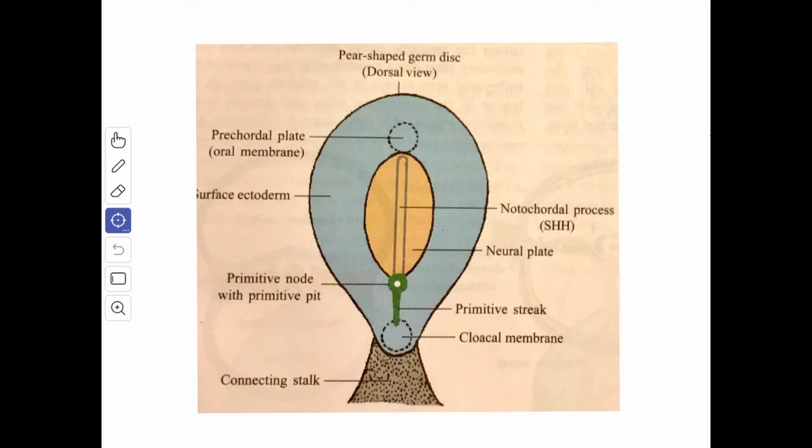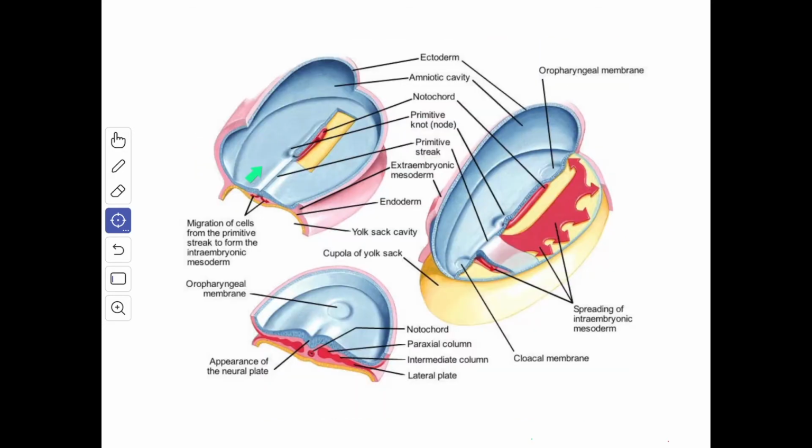The streak is formed by active migration and invagination of the pluripotent ectodermal cells into the space between epiblast and hypoblast. This process of invagination is known as gastrulation. This is the epiblast, this is the hypoblast, and this is the primitive streak area.